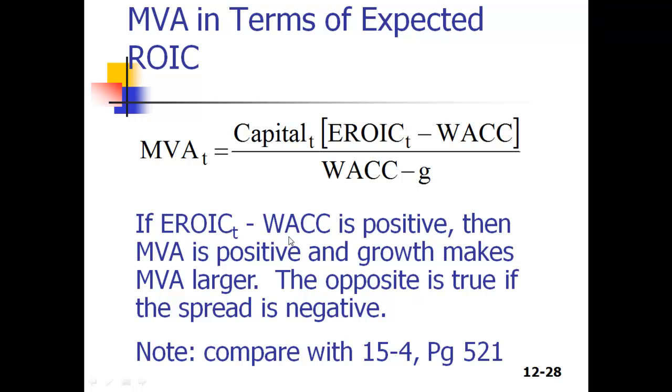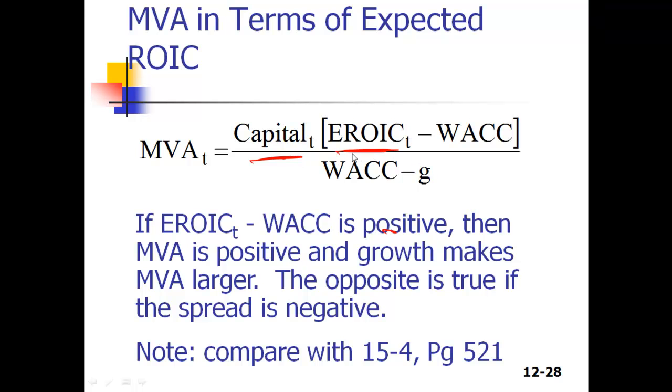What is MVA? Another formula for MVA, again this should make sense, is your capital at the start of the year multiplied by expected return on invested capital minus WACC.